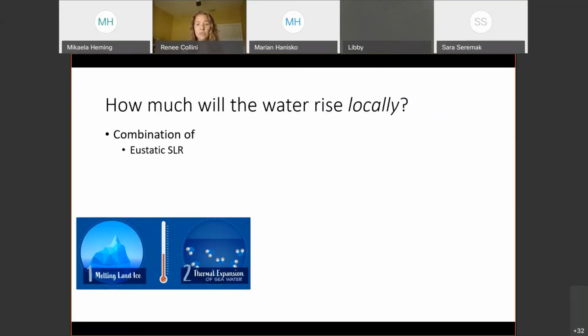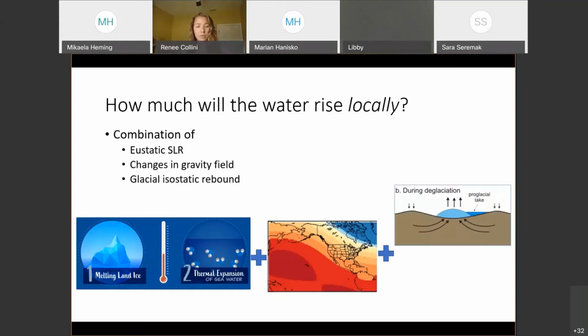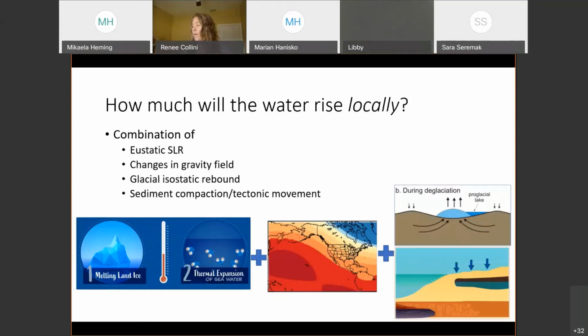And they may also include these climatic effects from the actual ice, the gravitational field changing, from the isostatic rebound from the glaciers, and then also the localized vertical land motion, if you will. And so all these things together help project how much water could rise locally.